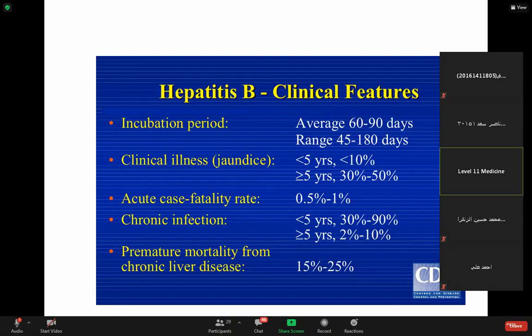Only 10% of people will have hepatitis B manifest within less than 5 years. The majority will have it after 5 years. Fatality rate is 1%. And the state of chronic infection, for those who are going to have a chronic infection, is roughly less than 5 years.